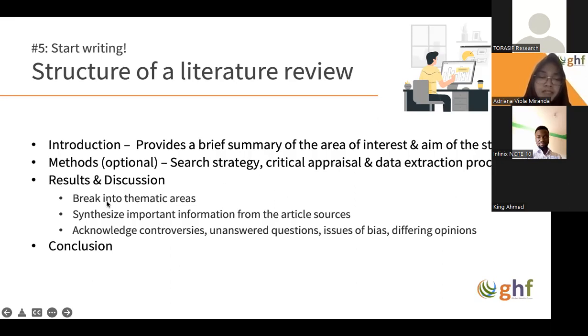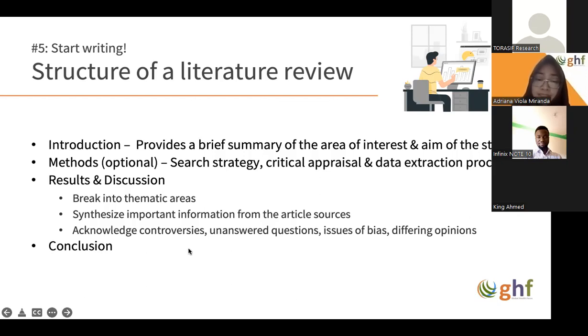And then in results and discussion, because we are summarizing a topic, what you need to do is to break it into thematic areas. For example, you can have an area about the medical aspect of it, and then the ethical implications, and then the economical implications, something like that.